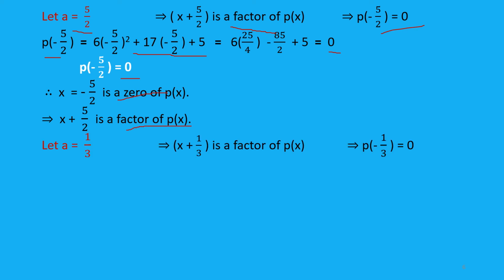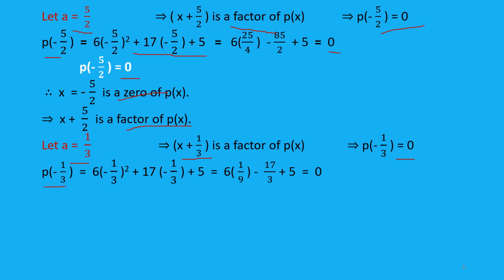Now let's take another value. a equals 1 upon 3. When a equals 1 upon 3, that means x plus 1 upon 3 is a factor of P(x). And it shows P(minus 1 upon 3) should be equal to 0. So we will put the value of x as minus 1 upon 3 in the polynomial P(x).